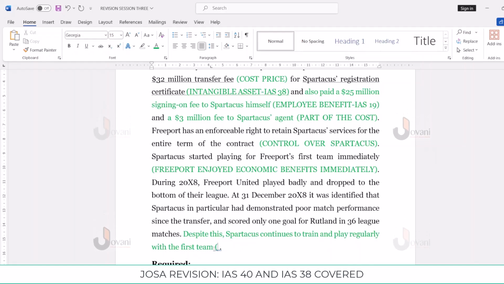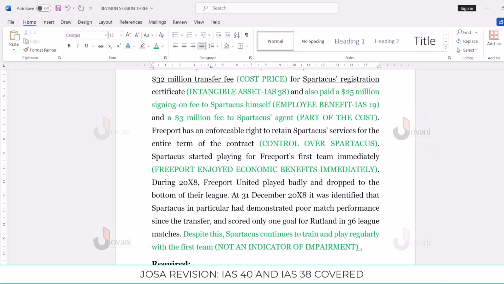Okay, so we can say not an indicator of impairment. But I think someone talked about, one second, where is it?